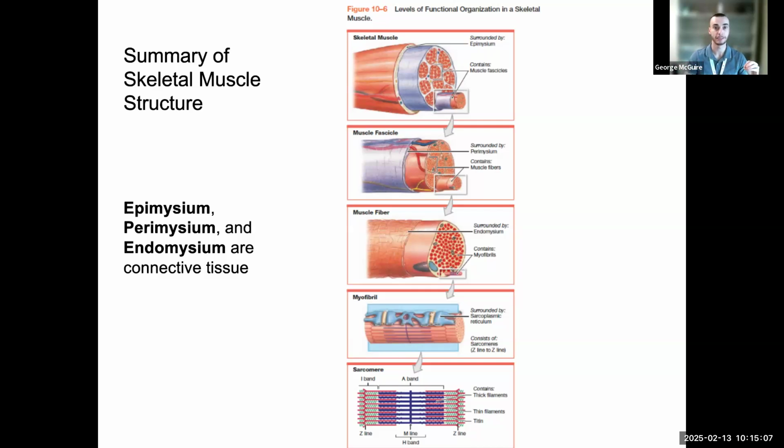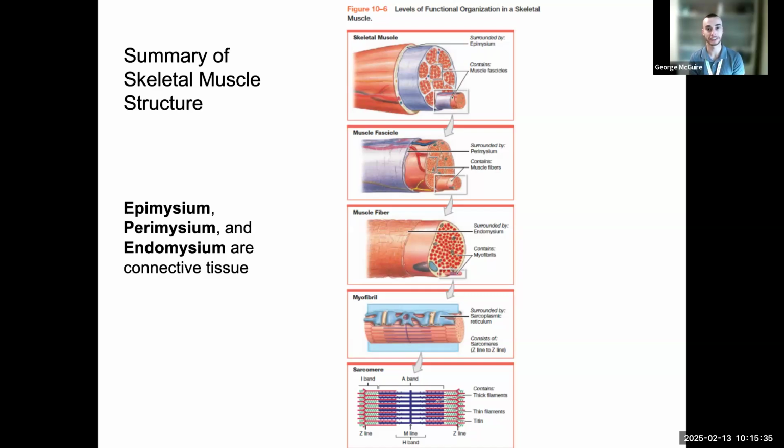So deep to that epimysium, you have more bundles called fascicles, and each fascicle has its own surrounding of connective tissue called perimysium. And then within each of those fascicles, you have little bundles, your muscle cells or muscle fibers. So individual muscle cells are packed into bundles called fascicles. Each muscle cell has its own surrounding called endomysium.